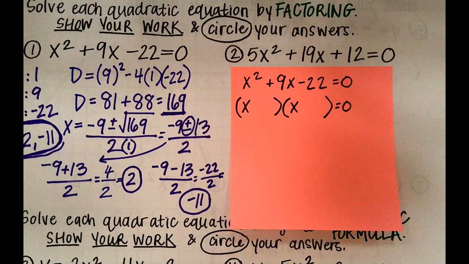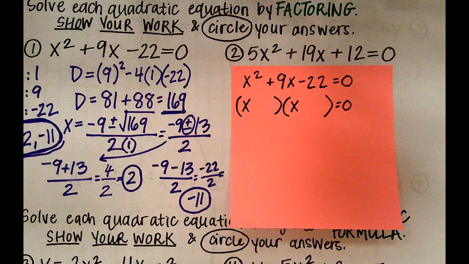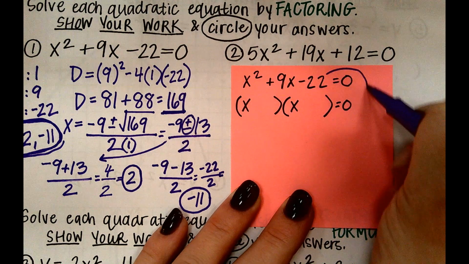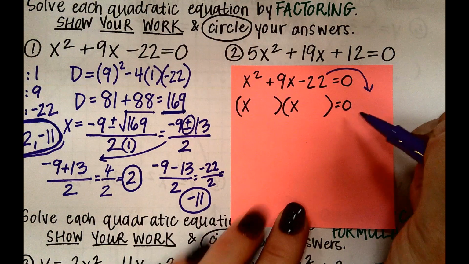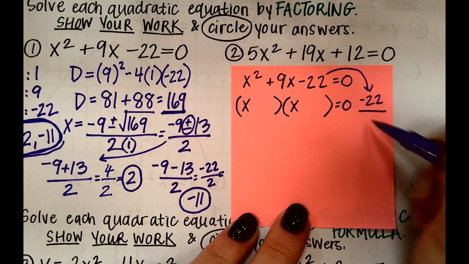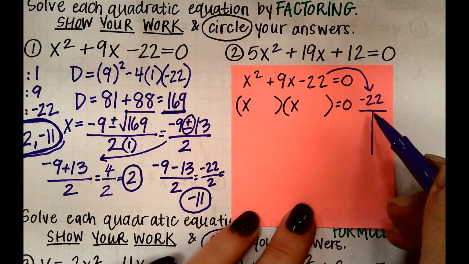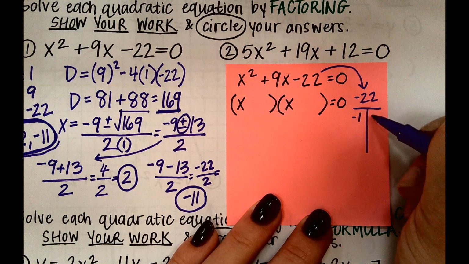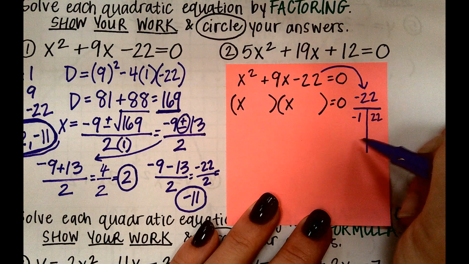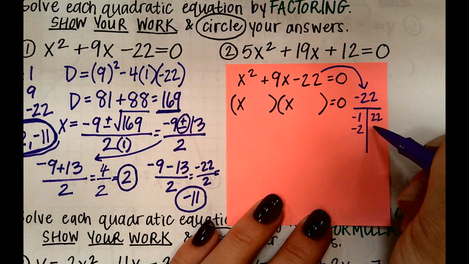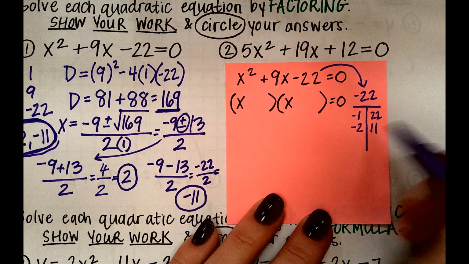To figure out what those numbers are, we're going to look at the factors of c, which is negative 22. To get negative 22, we could do negative 1 times 22, or negative 2 times 11.